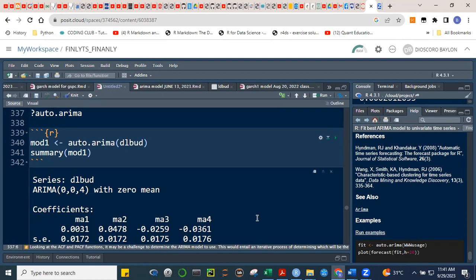Okay, kindly chat, please, if you are able to run this code. So awaiting your chat, please. Okay, thank you. Okay, si Rhea pa lang. Let's wait for the others to key in their response.